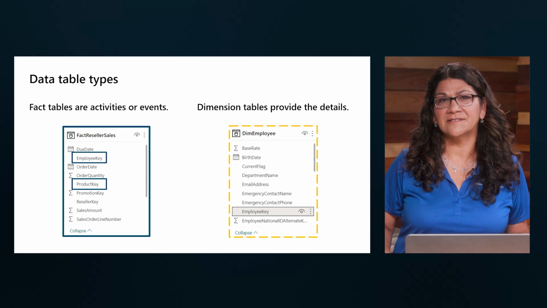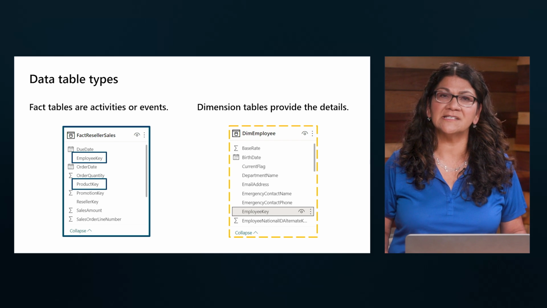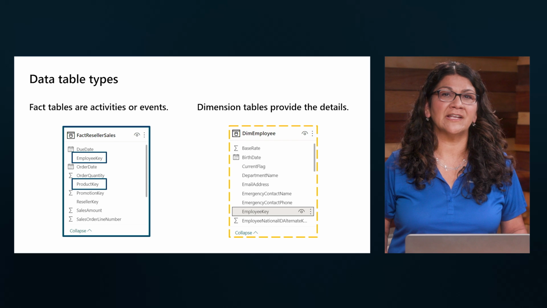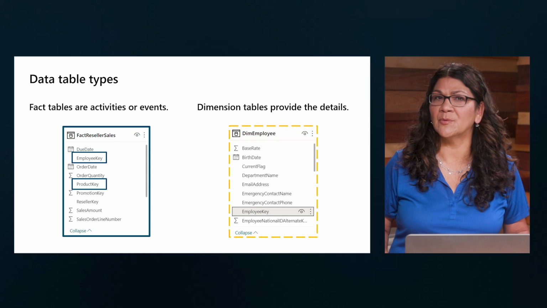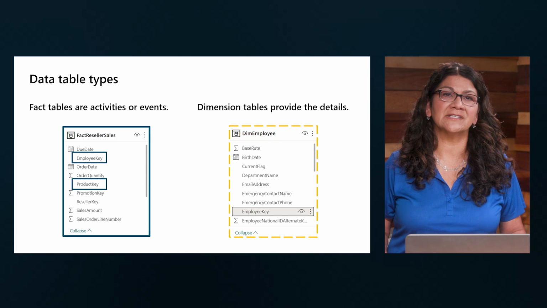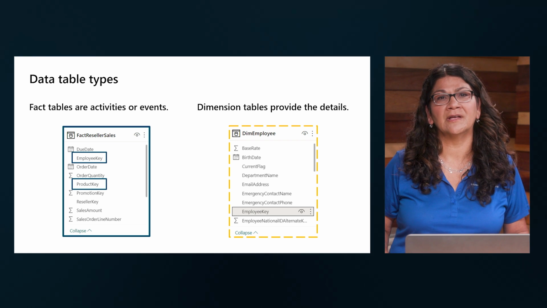Dimension tables describe business entities like products, people, places, and concepts, providing details or answers to questions like who, what, where, why, and how of our numbers. Dimension tables contain a relatively small number of records compared to the fact table and don't necessarily grow over time.